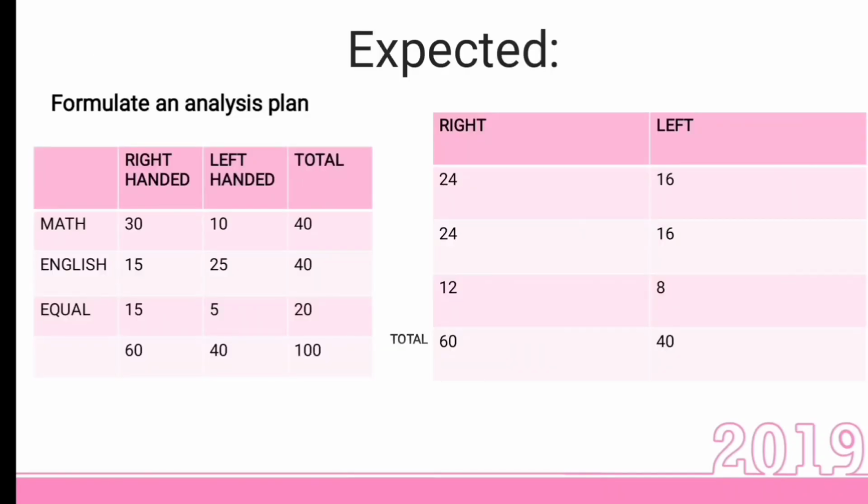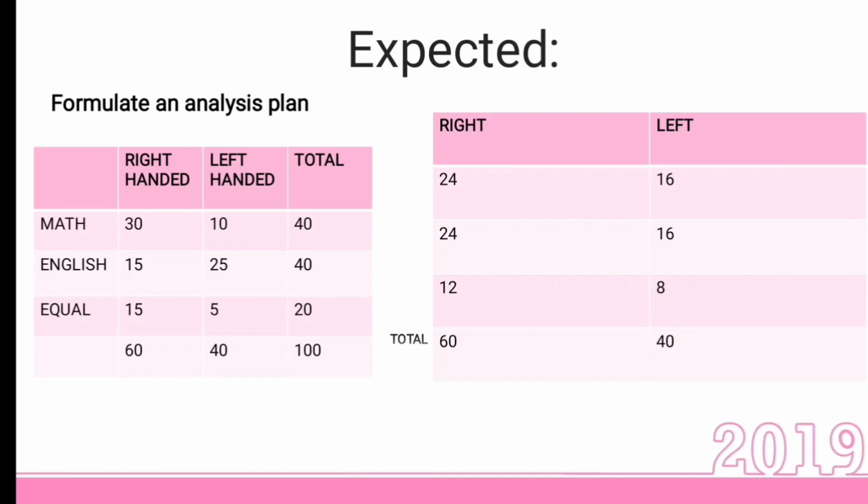Formulate an analysis plan. As you can see, the total of right-handed students is 60 and the total number of students who love mathematics is 40. 40% of 60 is 24. 40 students love English and 40% of 60 is 24. And 20% of 60 is 12.